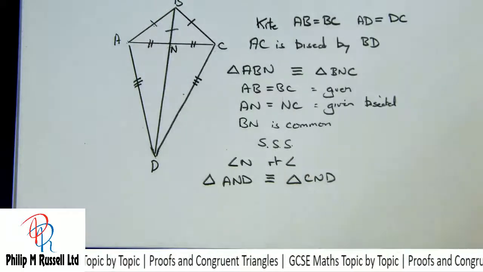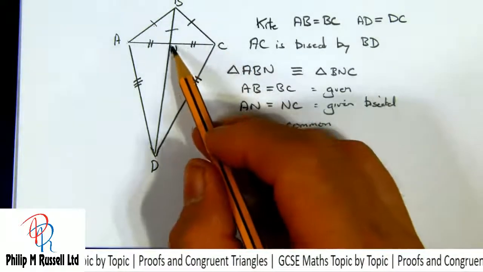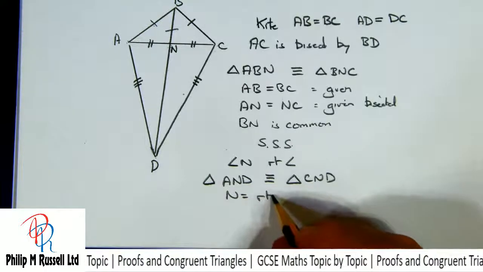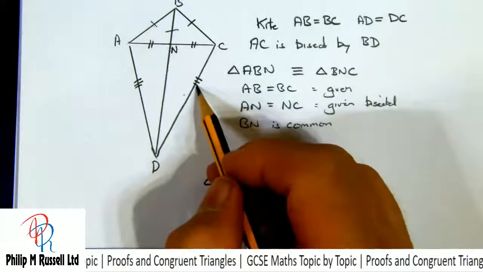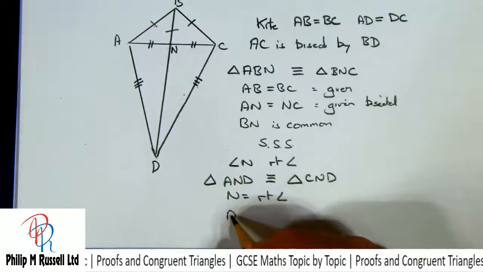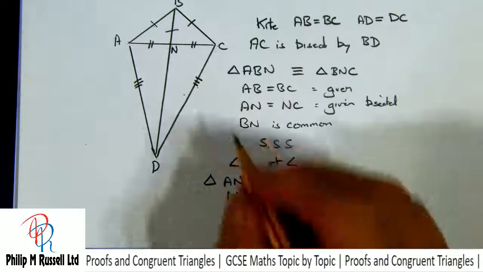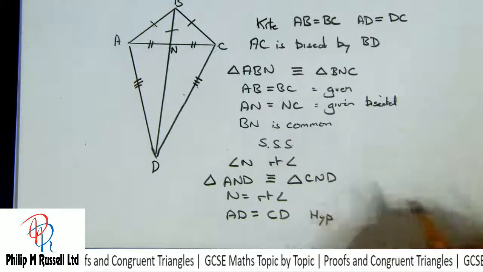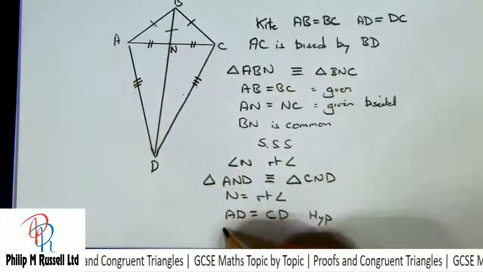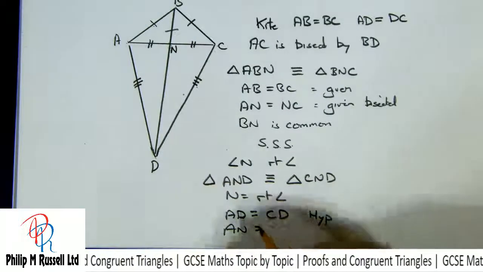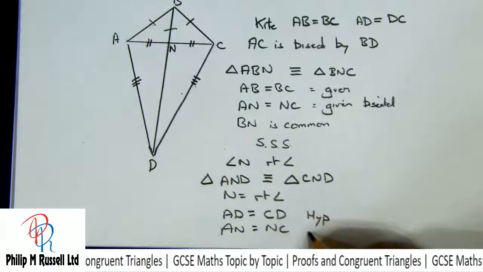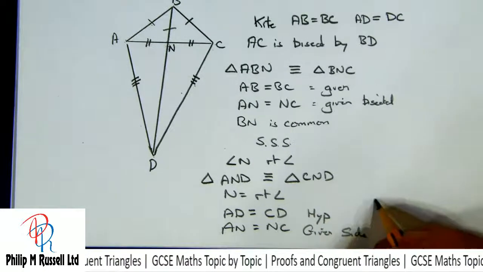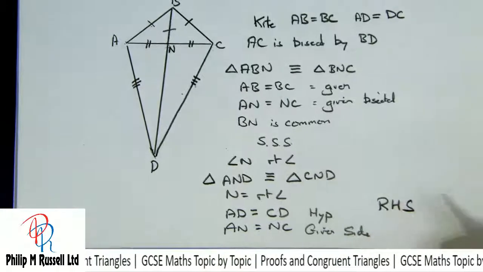And the reason for that is we know we've got a right angle, we know the hypotenuse, we know that AD equals CD, and we know that AN equals NC, that was given, and that's a side, so this is right angle hypotenuse side.